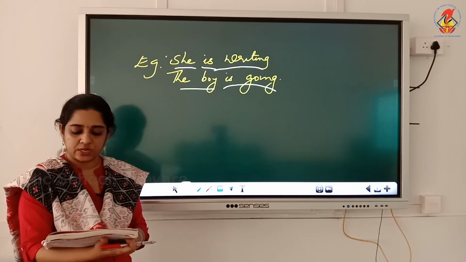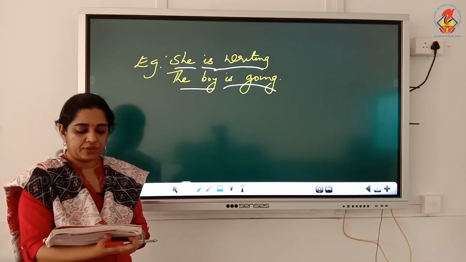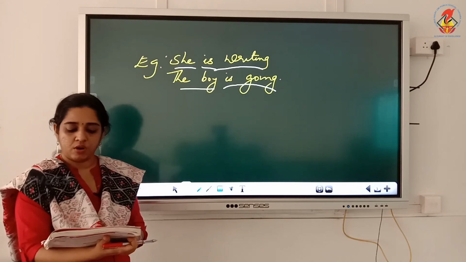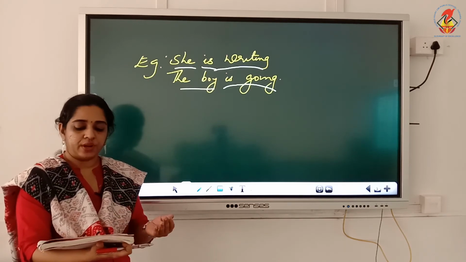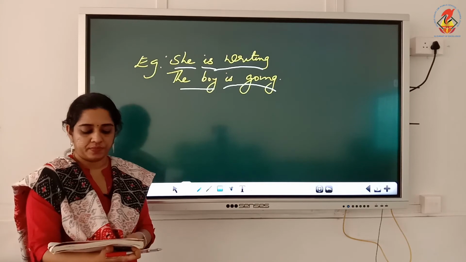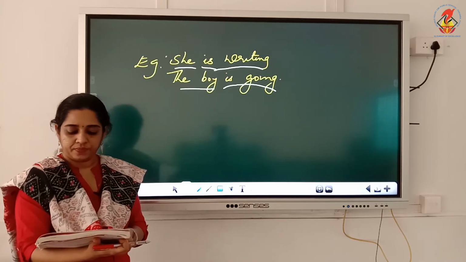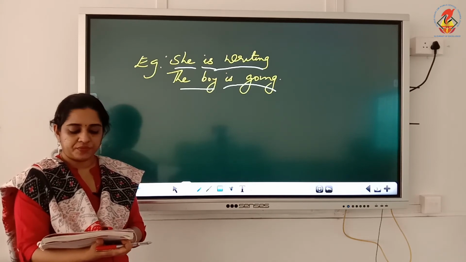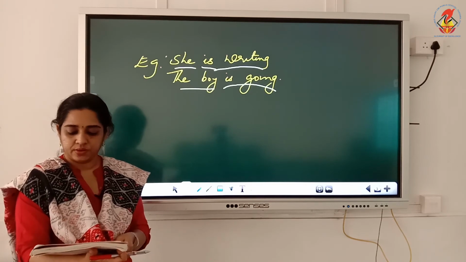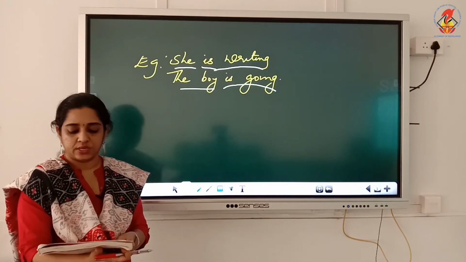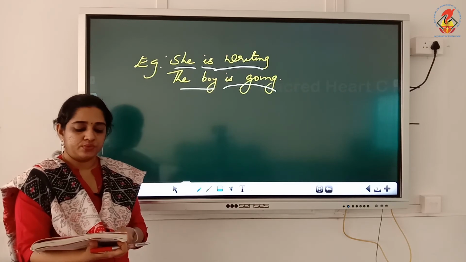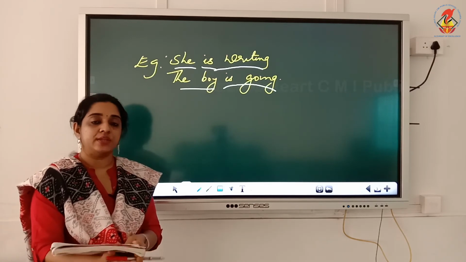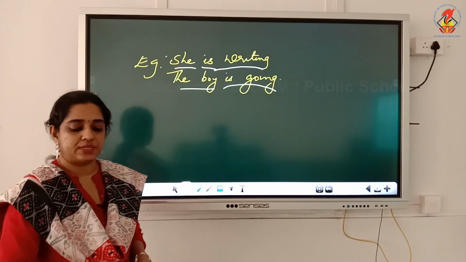She found a small bag in the park. Okay, whichever you take, it should be sensible, that's all. Apart from chocolates, she likes to eat cookies. Okay, so 3, 4, 5 and 6 you do, and we will discuss the answers in the Google Meet.